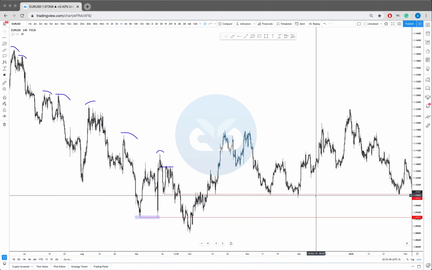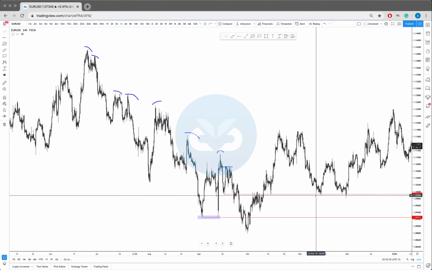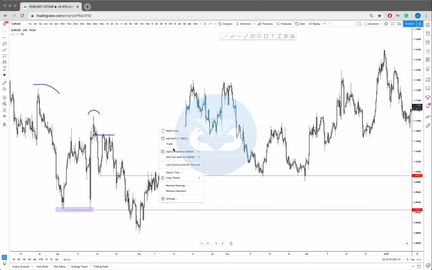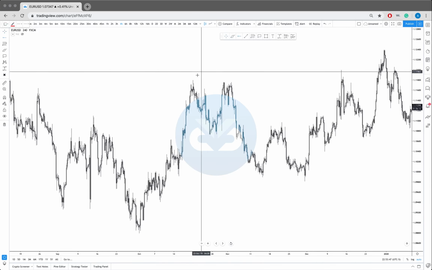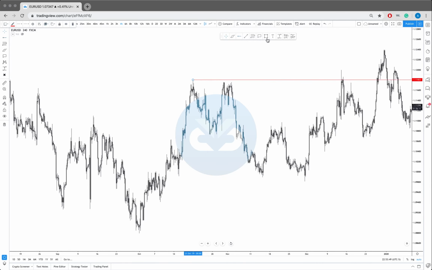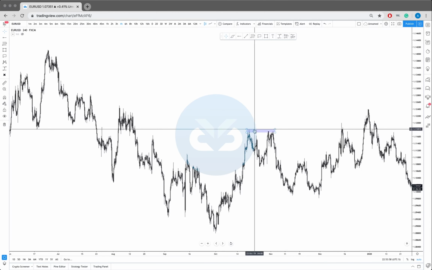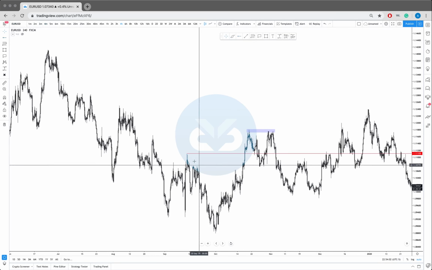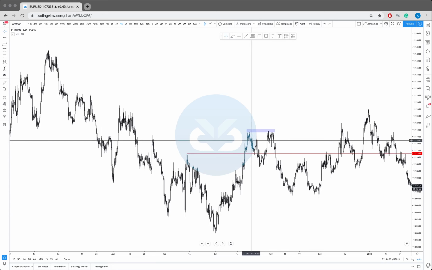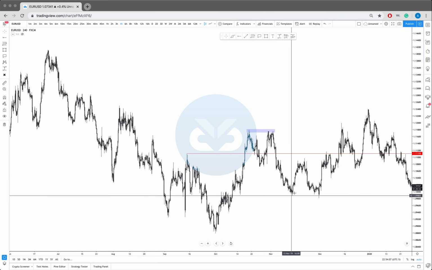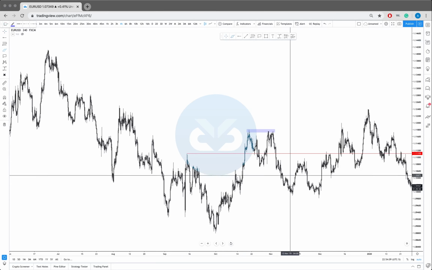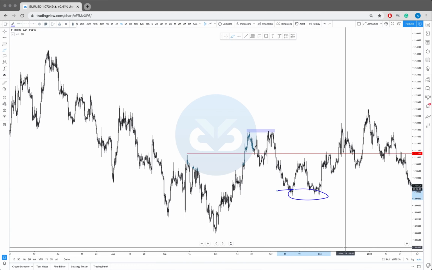Now let's look at it from an inverse situation over here. We see equal highs presented here. How do we know that we're in bullish structure now? This swing high here broke, and then we created higher low structure.